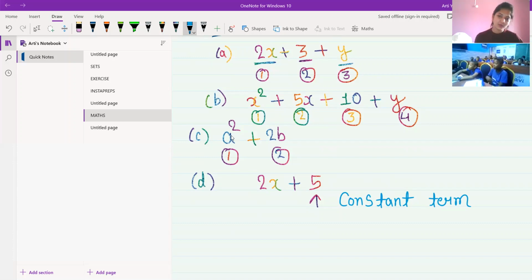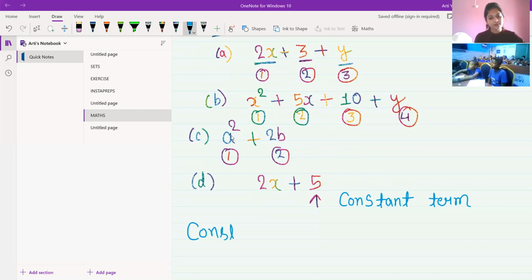So when there is only a constant value, then it is a constant term. What is a constant term? You can also write its definition.